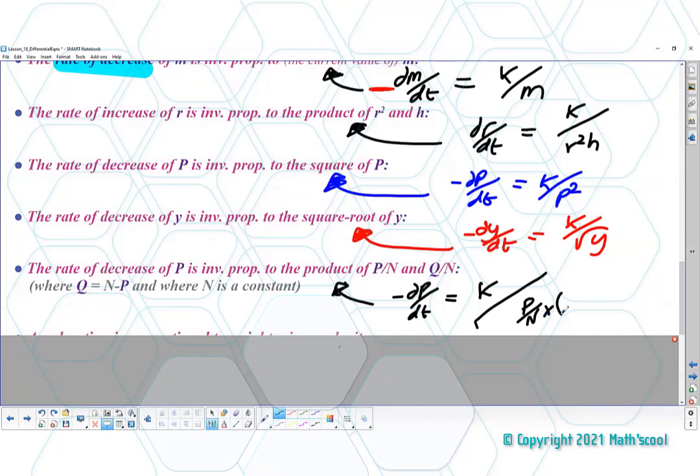And the n's, you can multiply them together so you get n squared, and that will end up on the top of the fraction. You know the rule when you're doing fractions. So that's equal to kn squared over p times n minus p.